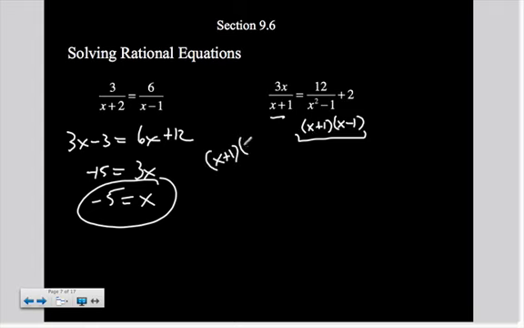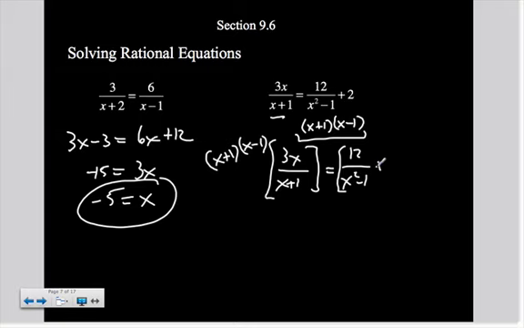X plus 1 times x minus 1 times 3x over x plus 1 is equal to 12 over x squared minus 1 plus 2 times x plus 1 times x minus 1, which of course equals x squared minus 1, so we're going to remember that as we go through.